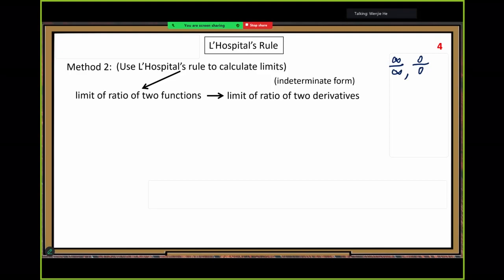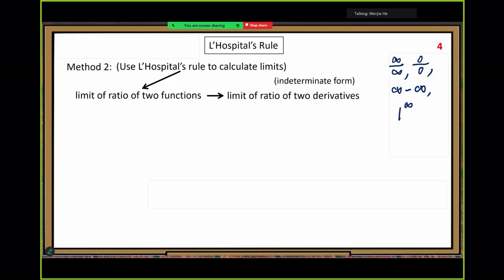And there are many indeterminate forms, for example infinity minus infinity, indeterminate, it could be anything. Let's say 1 to the infinity, also indeterminate. So there are many.